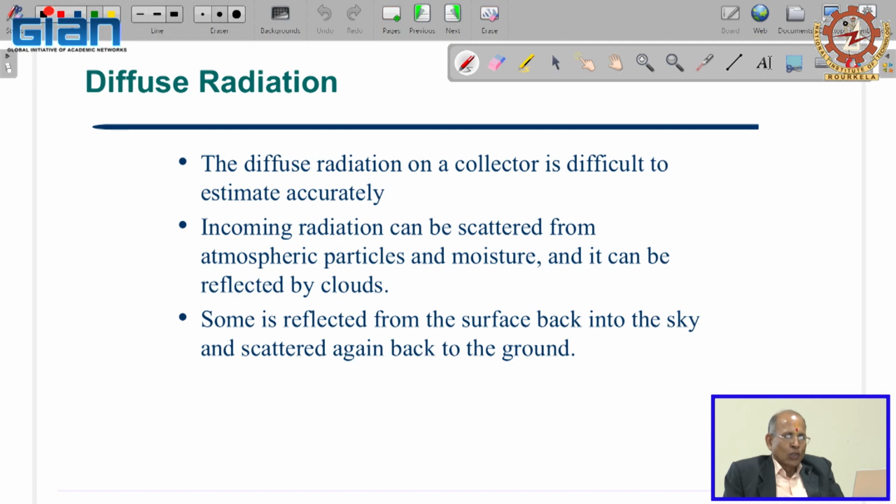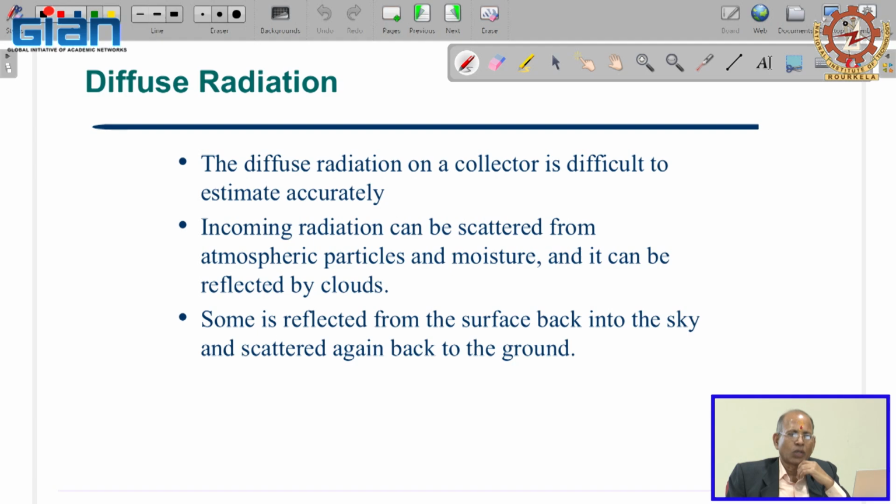Okay. So diffuse radiation, diffuse just coming from the dust and then diffuse from there. So diffuse radiation on the collector is difficult to estimate accurately. Incoming radiation can be scattered from atmosphere particles and moisture and can be reflected by the clouds.